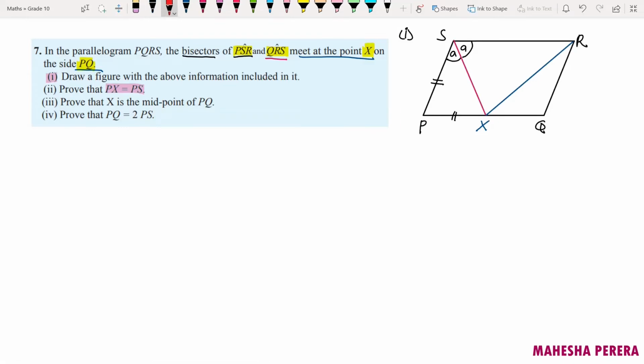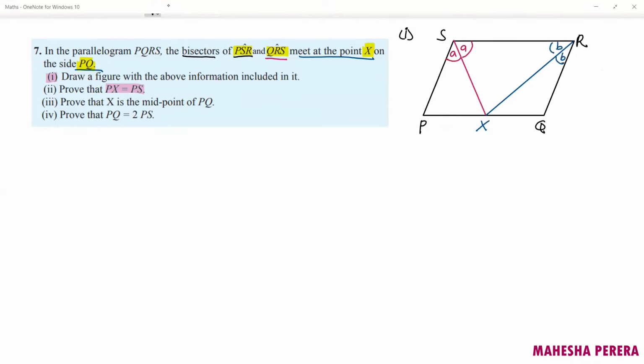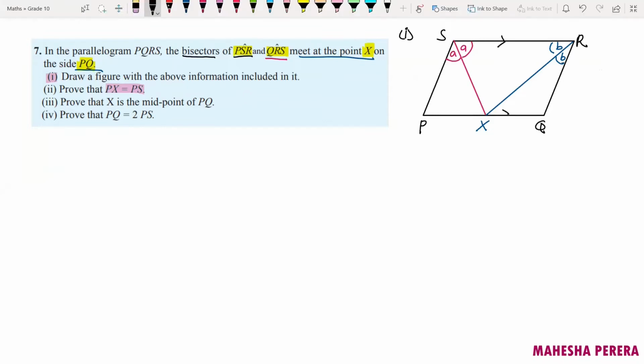And then if this RX is an angle bisector, then these two angles should be equal. If this is B, this should be also B. Now, since this figure is a parallelogram, these two lines are parallel. If these two lines are parallel, we can say that this angle is again A, right? Because this angle and this angle are alternate angles.